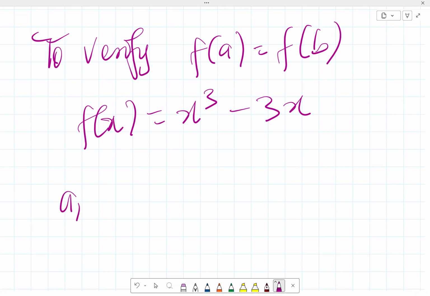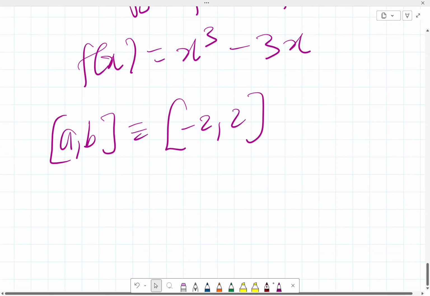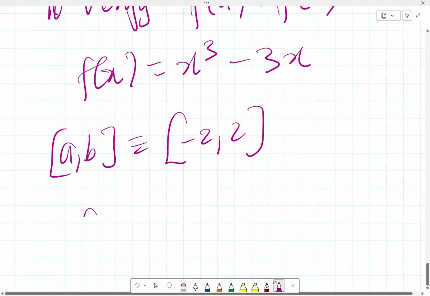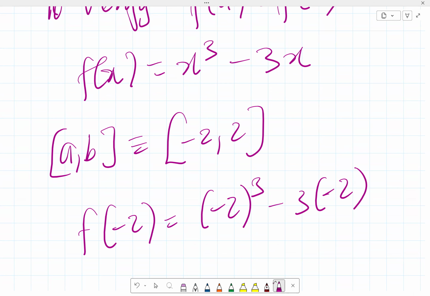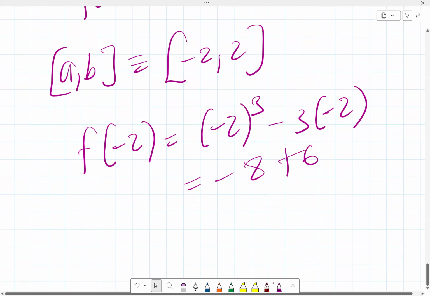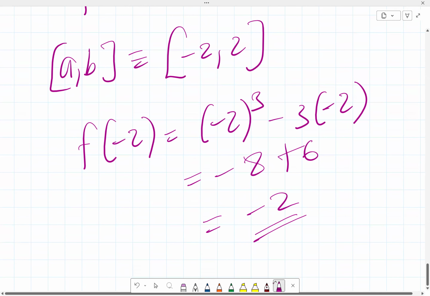So we have A, B, the closed interval, which is the same thing as minus 2 to 2. So f of minus 2 is minus 2 raised to 3 minus 3 into minus 2. So this is minus 8 plus 6, and that gives us minus 2.